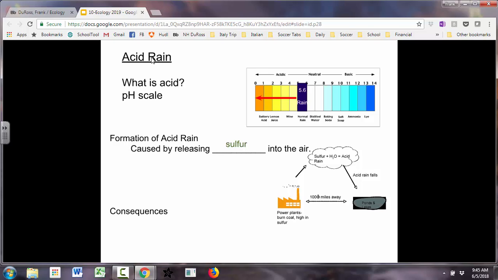And those acidic conditions, as they fall on lakes and forests and ecosystems, some organisms cannot withstand. They make the soil pH drop. They make the water pH drop in lakes and streams and rivers, and that disrupts the ecosystem. Many organisms cannot survive those conditions, and so that's a problem.